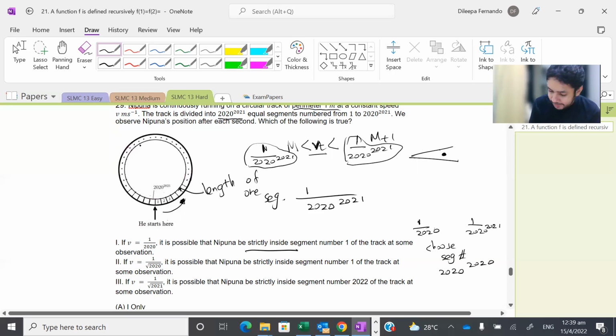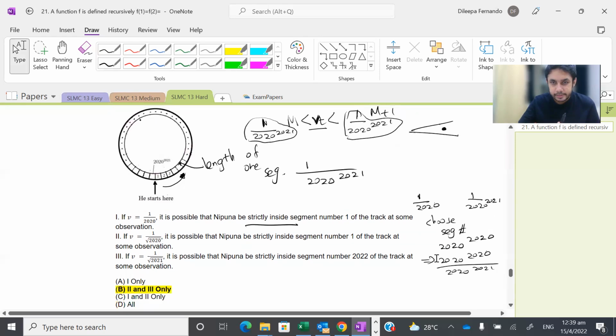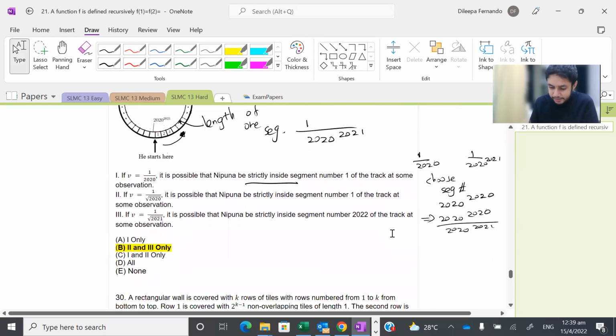The length towards this segment is 2020. You can see that the length towards the segment number 2020 to the power 2020 is 1 over 2020.